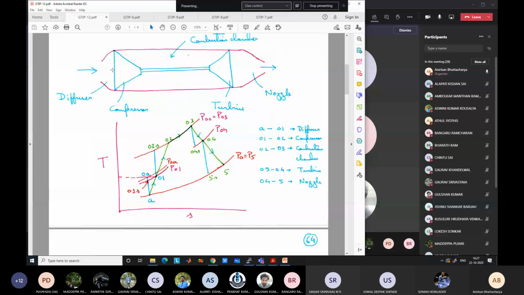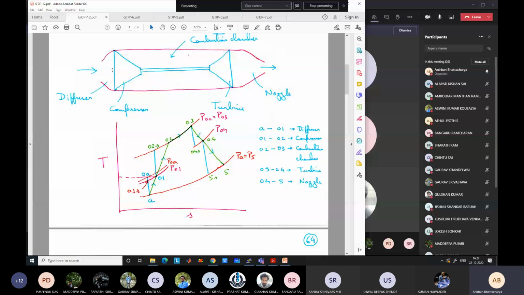What about the static pressure? Initially it was PA, atmospheric pressure. What will happen to the static pressure? How will you calculate the static pressure at the end of the diffuser if it is ideal? Using that adiabatic, isentropic equation, the gamma relation. Correct. So what will be the value? Because we know that P0A, whatever is the P at the end, divided by PA should be equal to T0A by TA to the power gamma by gamma minus 1.